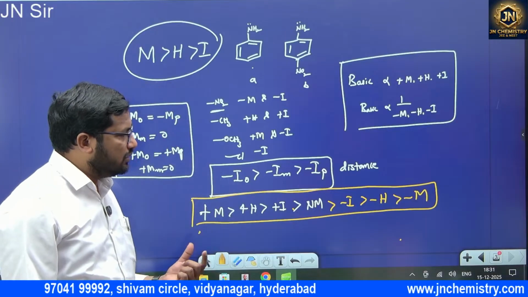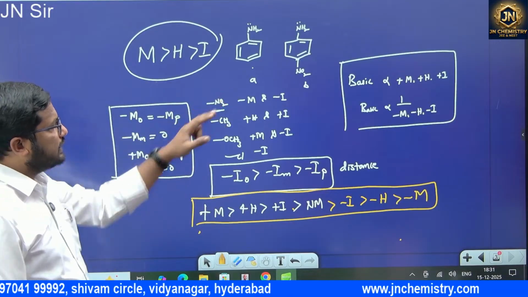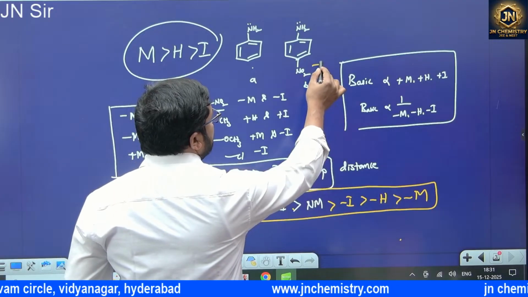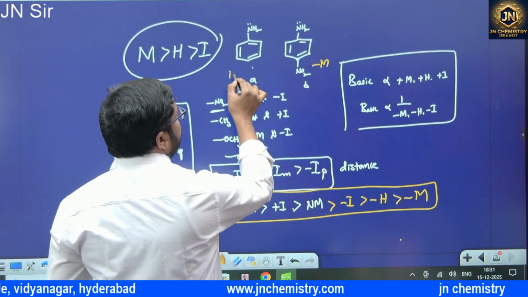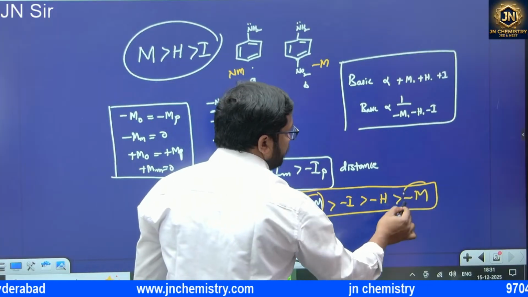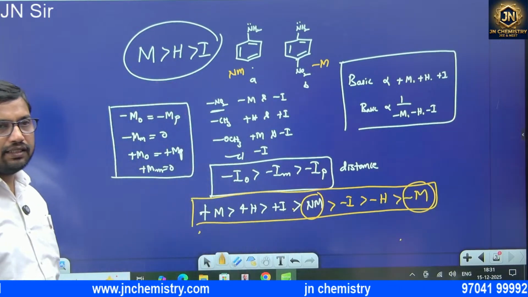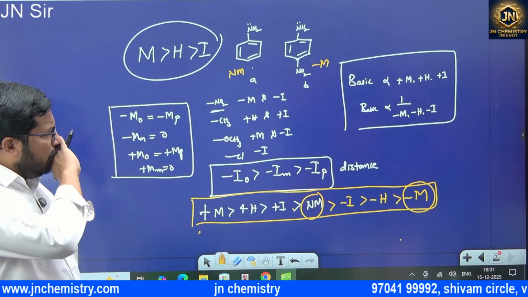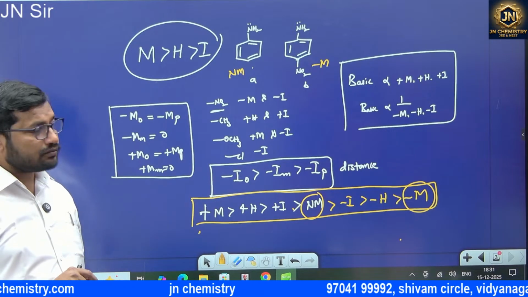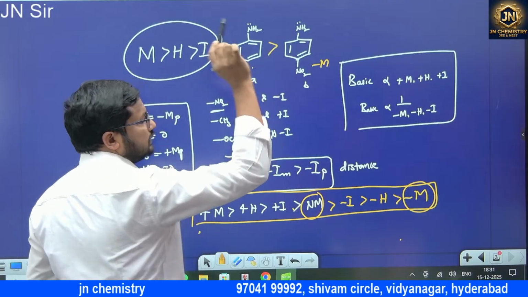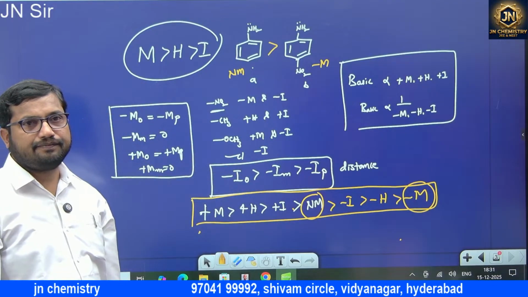In this case, at ortho and para, minus M is there, and this is a neutral molecule. Neutral molecule and minus M, which one do we give more priority? Neutral molecule. So this is more basic than this. Clear, everyone?